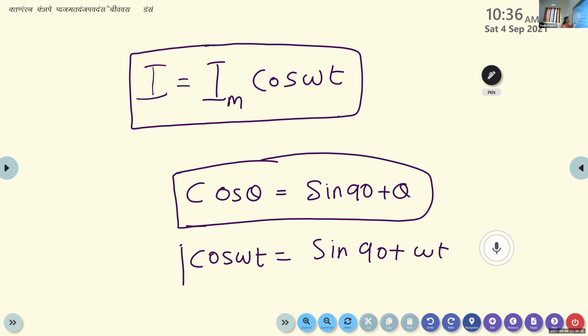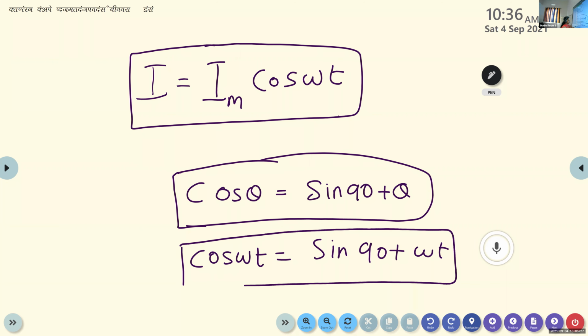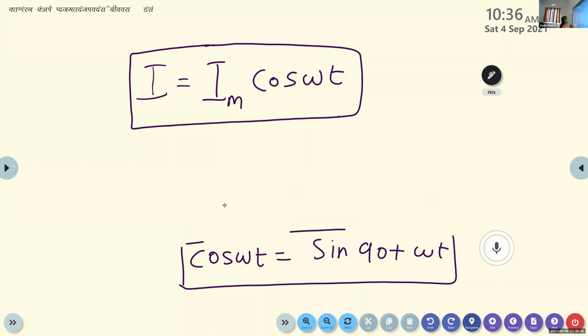Similarly, here we have the phase angle omega t. So the expression for current in terms of sine function becomes I is equal to Im sin omega t plus 90, or 90 plus omega t. Both are right.